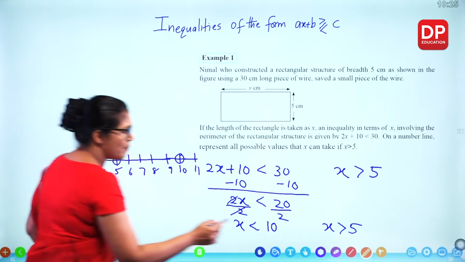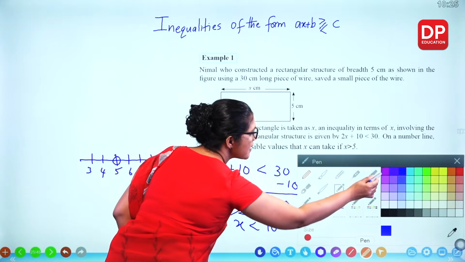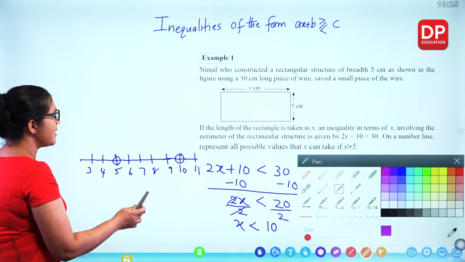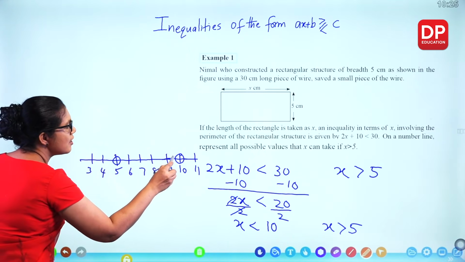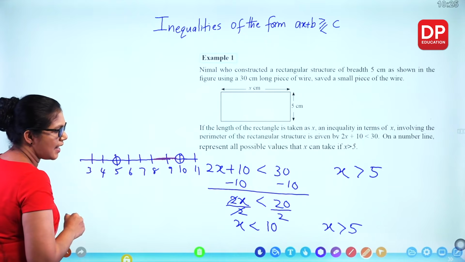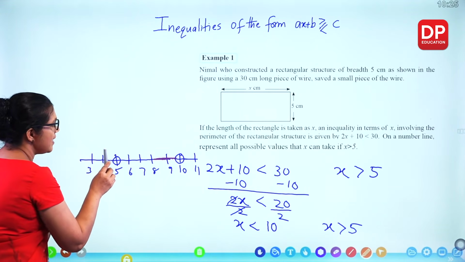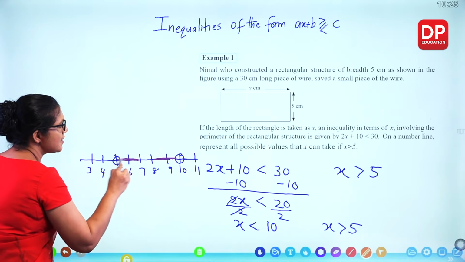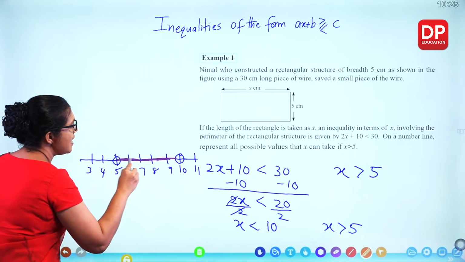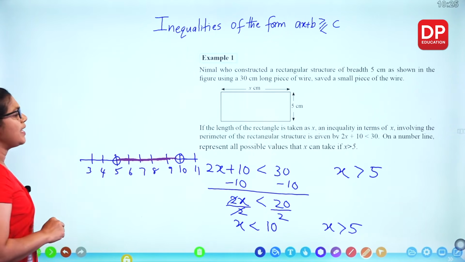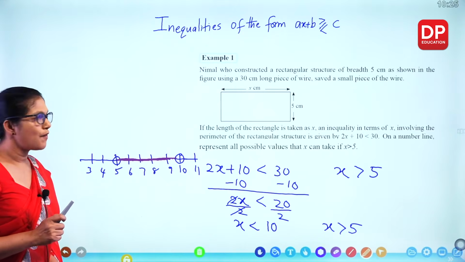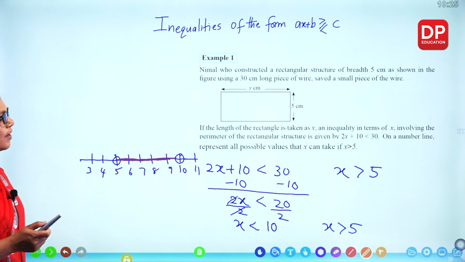Now we'll mark the appropriate side. x is less than 10, that means towards the left side. x is greater than 5, that means towards the right. That means any number in between these two satisfies the length of x.